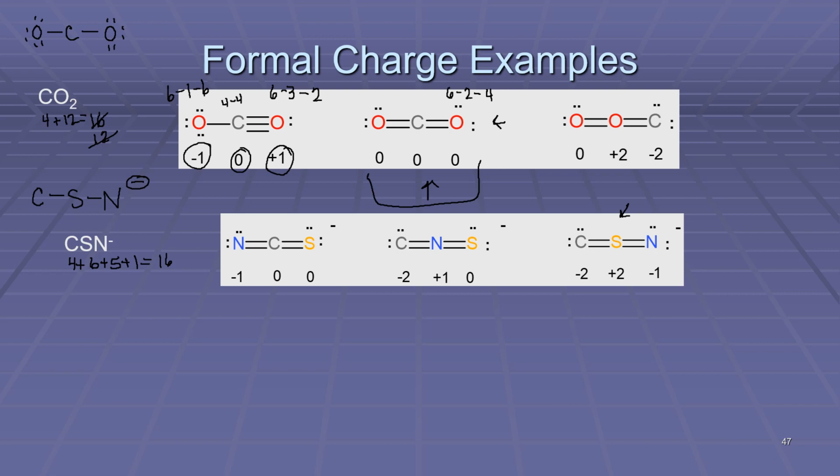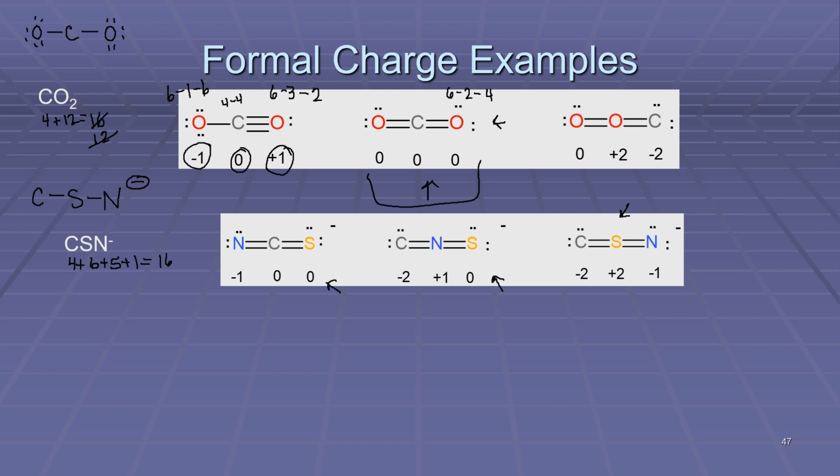If we put the N in the middle, you can see that the formal charges are a little better. So the total magnitude is 3. But if you put the C in the middle, then we have a total magnitude of 1.